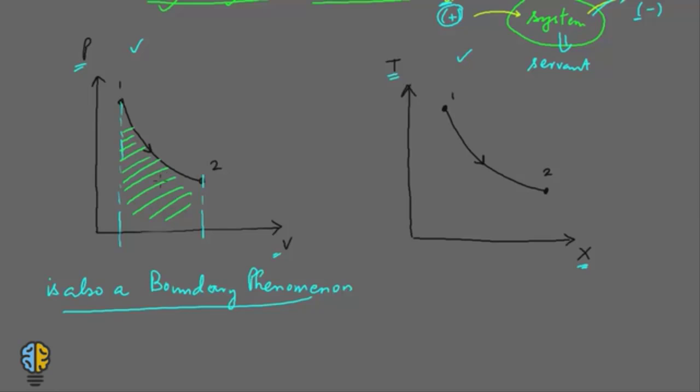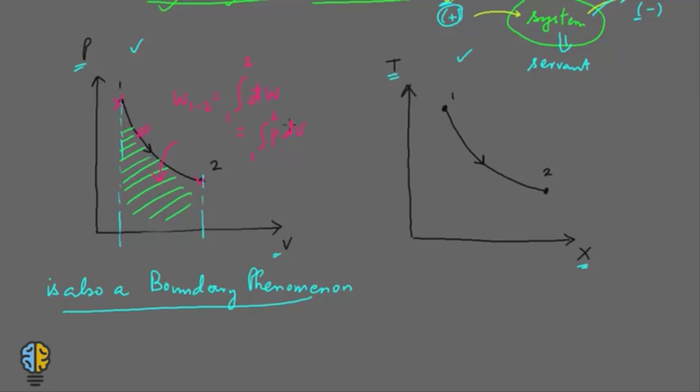That is equal to the integral from 1 to 2 of the inexact differential dW, which is further equal to the integral from 1 to 2 of P dV. So this is how you designate work, because it depends upon the path. It does not depend upon the end states or the points.